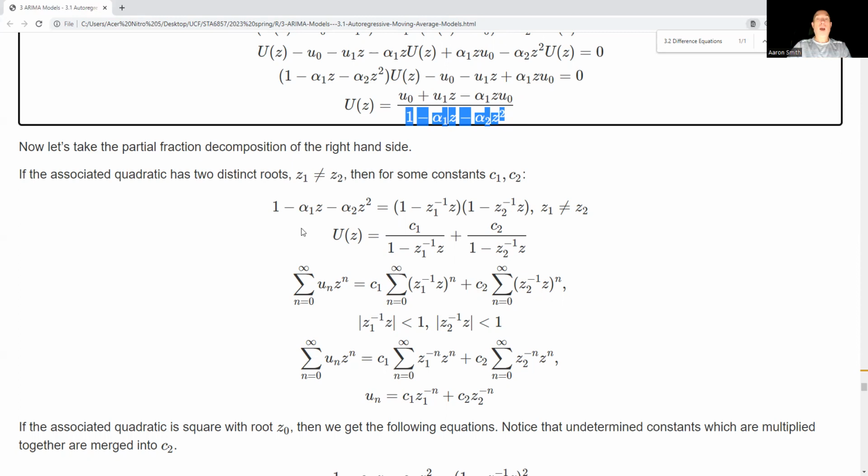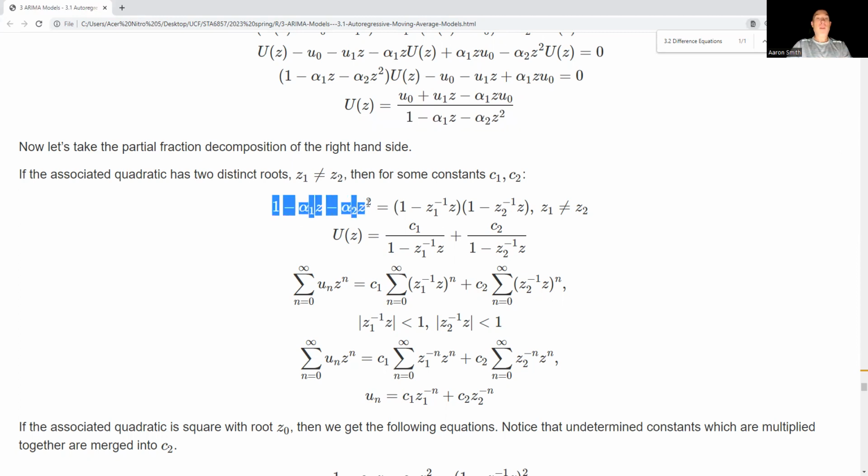All right, so what I'm going to do, I'm going to say that my associated polynomial, so when we have 2 distinct roots, is equal to this factored version. You'll notice that if I say z1, z2 are the roots of my associated polynomial, then since this is a 1, then it has to look like this when I work out the factorization. Okay, that's the only way it can work out.